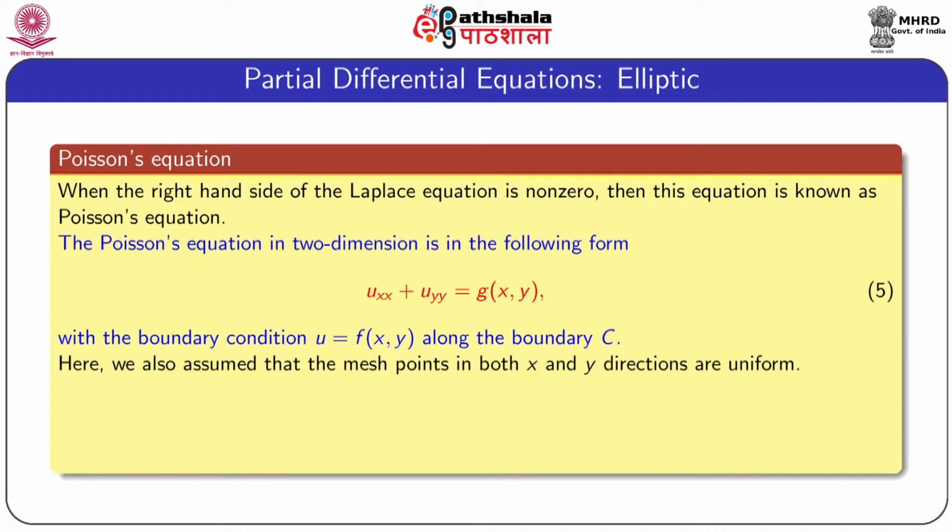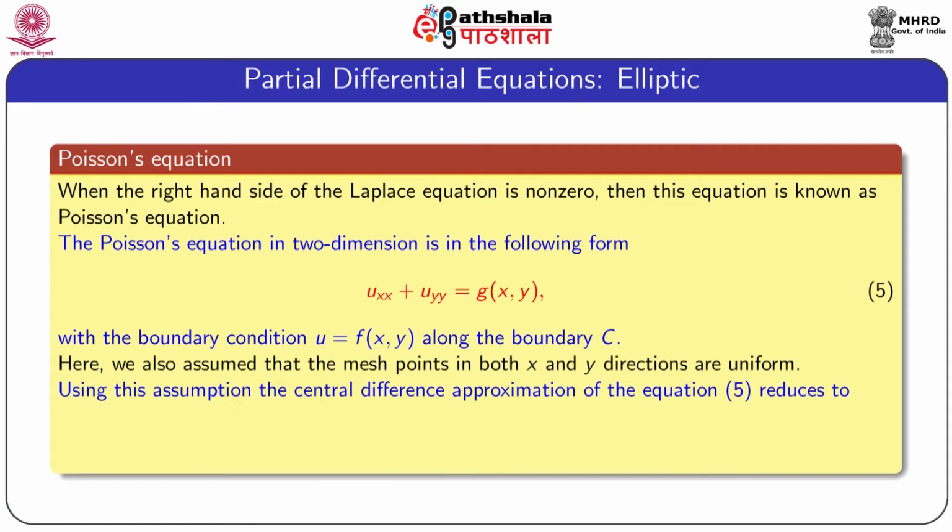Here we also assume that the mesh points in both x and y directions are uniform, that means h and k are equal. So, using this assumption and the central difference approximation, equation 5 reduces to the following form.